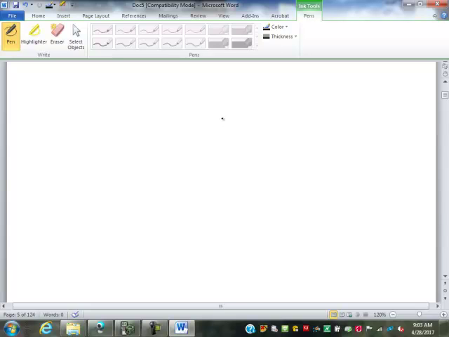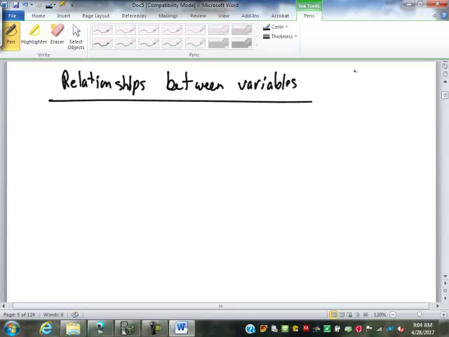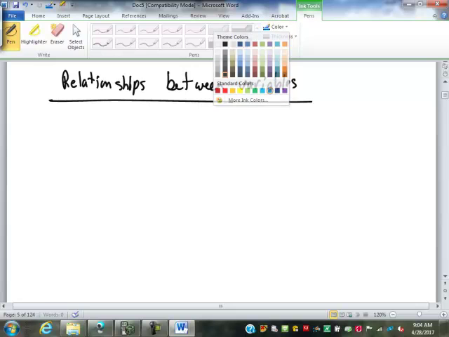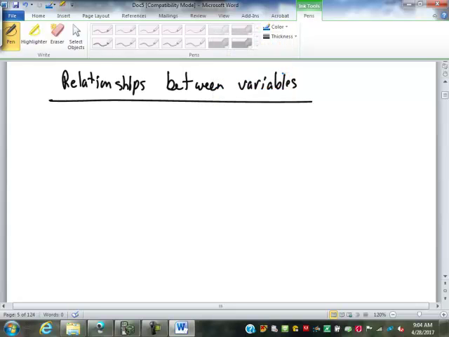So the next topic we want to look at is relationships between variables. We simplify most situations we look at down to two variables.